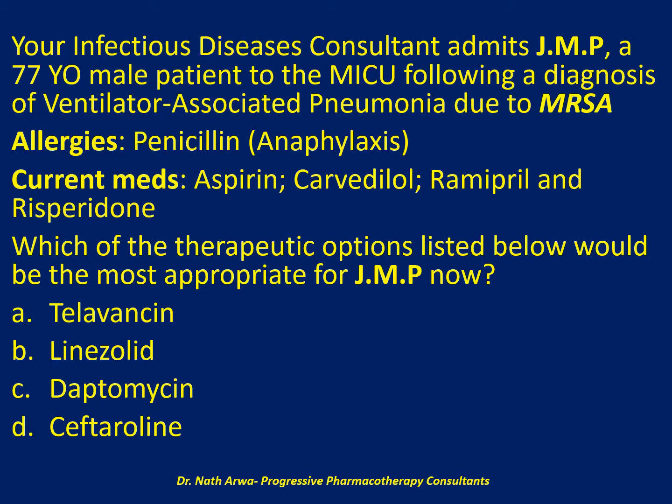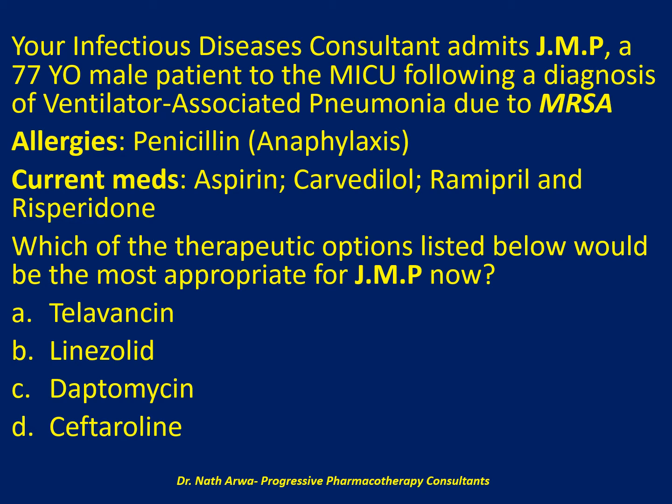Currently, he takes aspirin, carvedilol, ramipril, and risperidone. So my question to you is, which of the therapeutic options listed below would be the most appropriate for Mr. JMP's treatment now? Would you opt to treat him with telavancin, linezolid, daptomycin, or would you settle for ceftaroline?